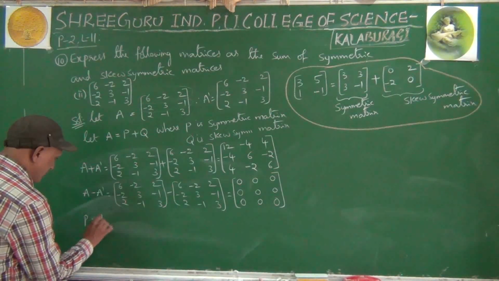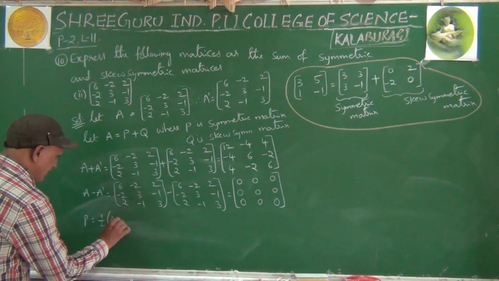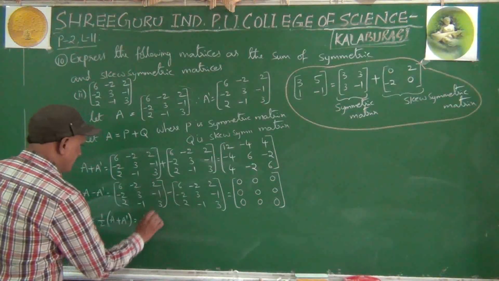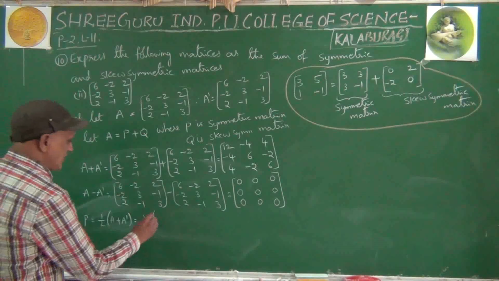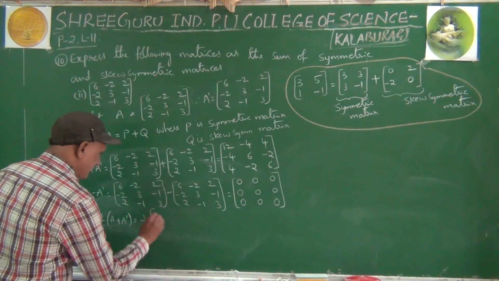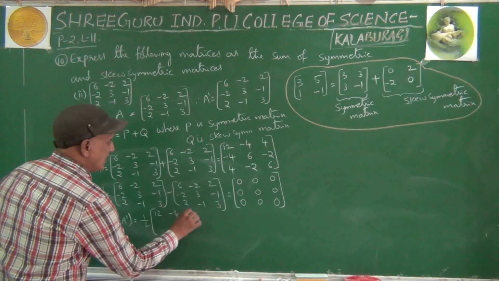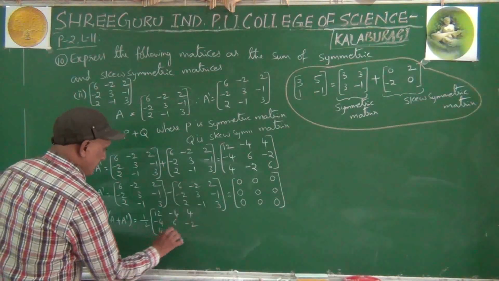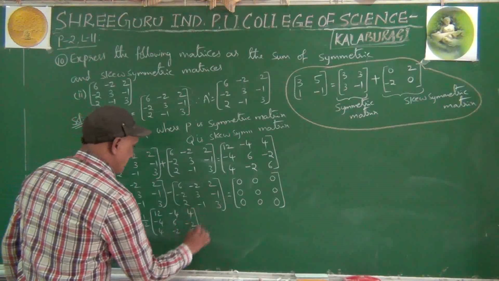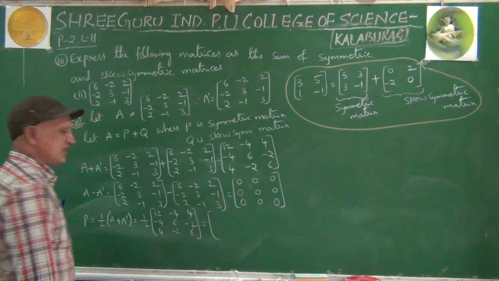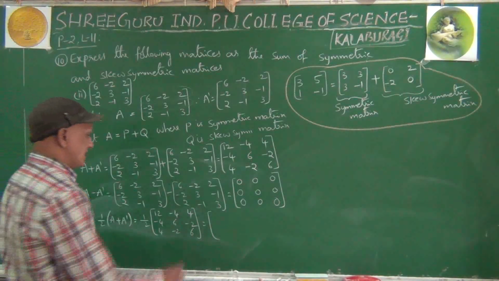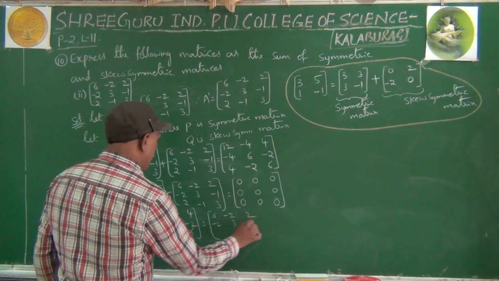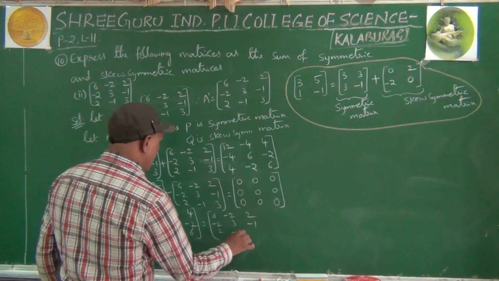P equals 1 by 2 into A plus A dash. What is A plus A dash? 12, -4, 4; -4, 6, -2; 4, -2, 6. Multiplying with 1 by 2, scalar multiplication, gives 6, -2, 2; -2, 3, -1; 2, -1, 3.